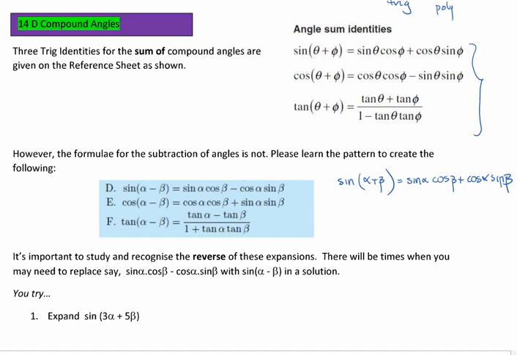With most of these, we're just going to be learning the identities and seeing where we can use the identities. There's not a lot of application even in this whole Extension 1 course of these identities, apart from in a proof or a show question. However, we do need them to be able to integrate some trig functions.